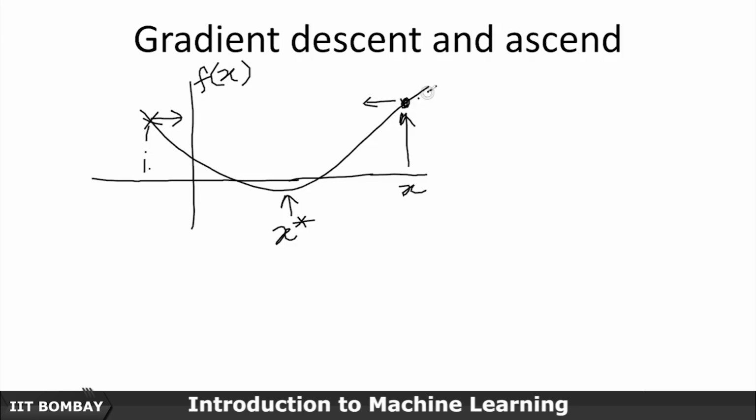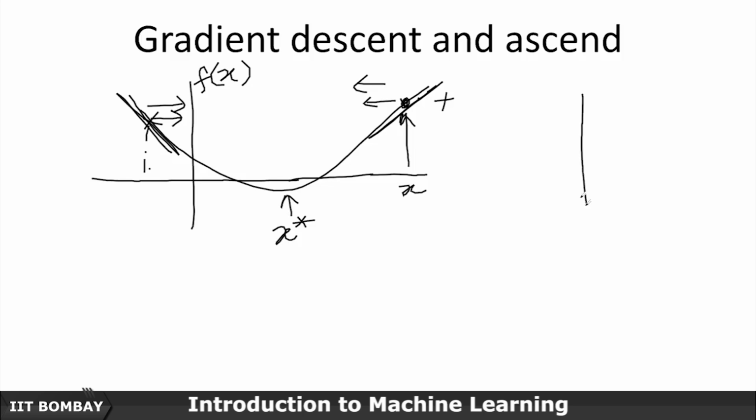If you look at the slope here, this slope is positive and x star lies in the negative direction, whereas here the slope is negative and x star lies in the positive direction. So, if I want to find the minima, I want to descend the gradient, I want to go opposite to the gradient.